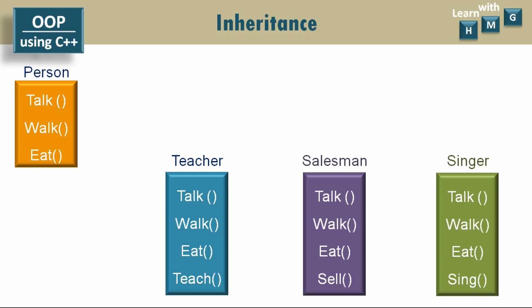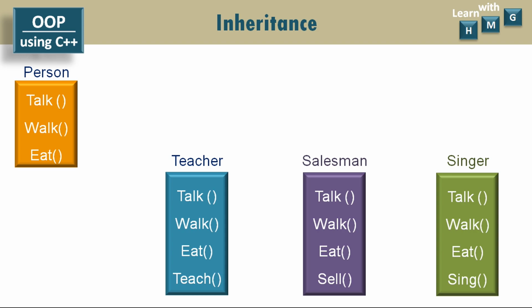Let us see the third example. There is another class known as singer. Here also the singer has four properties: talk, walk, eat and sing, out of which talk, walk and eat belong to every person, while sing is a special property of the singer only.